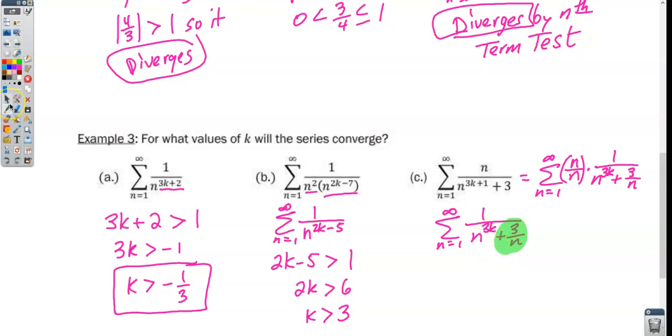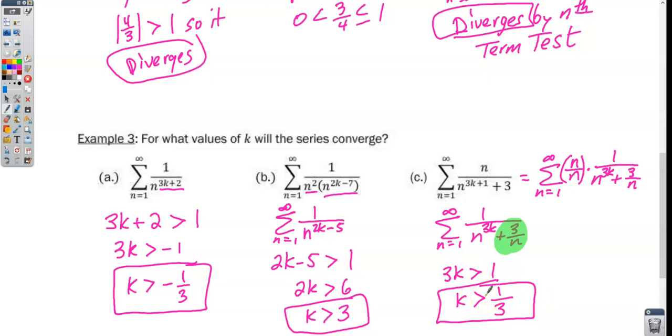And because of that, we're going to use our same convergence idea here for p-series. We need the p-value in this expression to be greater than 1. And that tells us that we need k to be greater than 1/3 in this example.